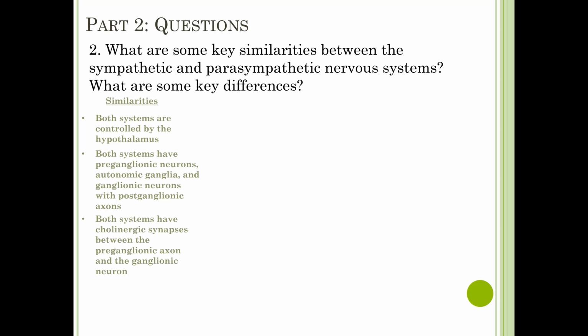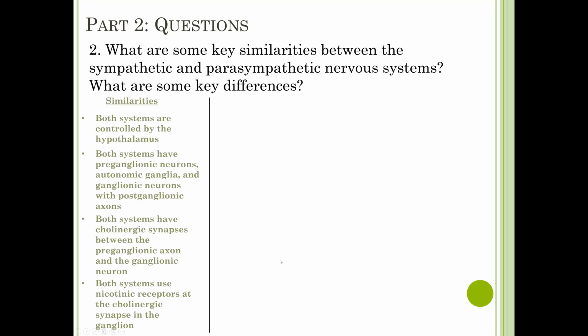Both systems also use cholinergic synapses between the preganglionic axon and the ganglionic neuron, so they both release acetylcholine at that synapse. And both systems use nicotinic receptors at that cholinergic synapse. So the postsynaptic membrane will have nicotinic receptors on it. So those are the key similarities.